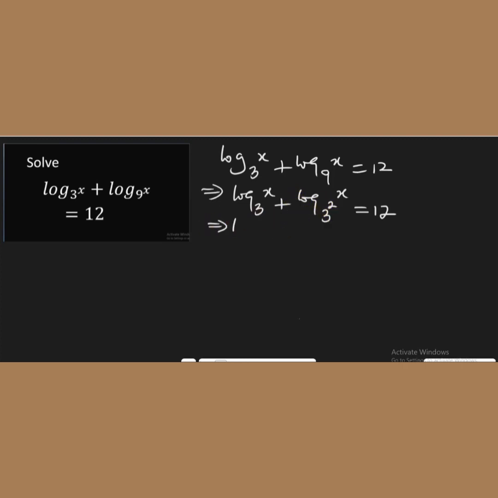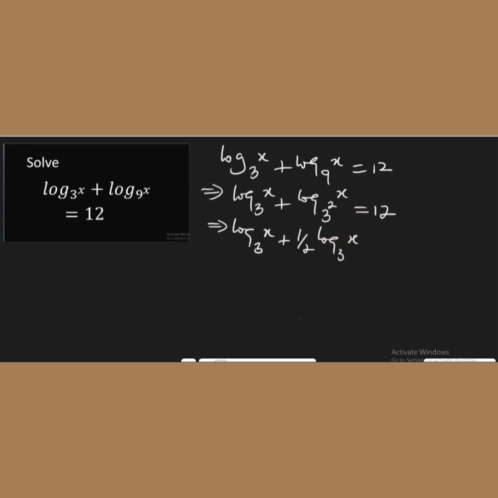This is going to be log 3 raised to the power of x plus reciprocal of 2, which is half, 1 over 2 log 3x. The reason I use 2 is because I want to obtain something that is the same with this. You can see log 3x is the same as log 3x here. It will make it easy for simplification.